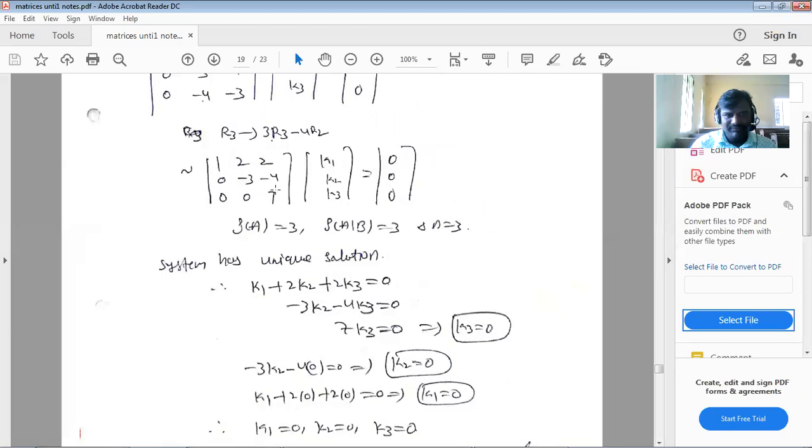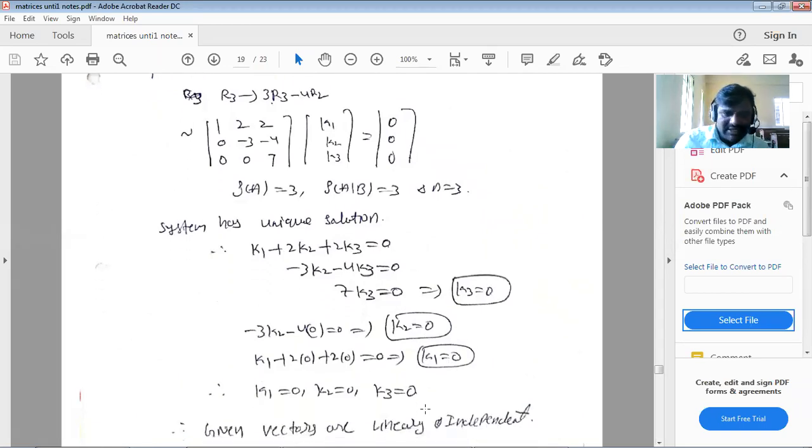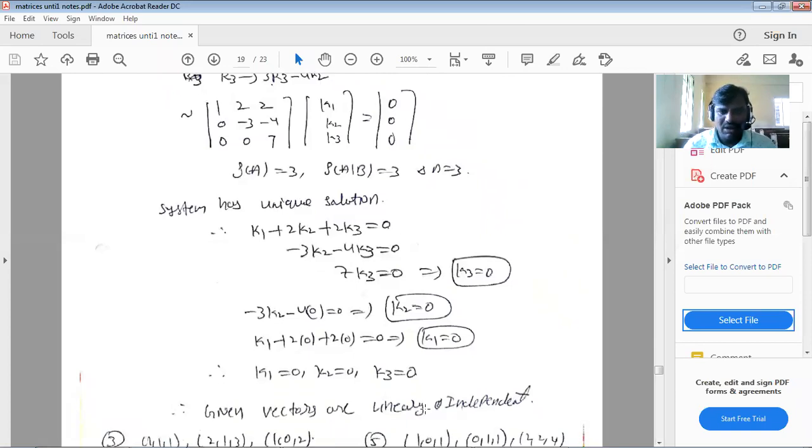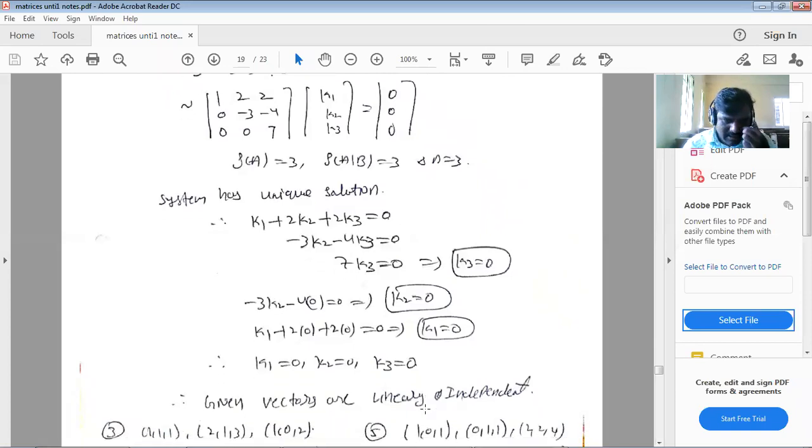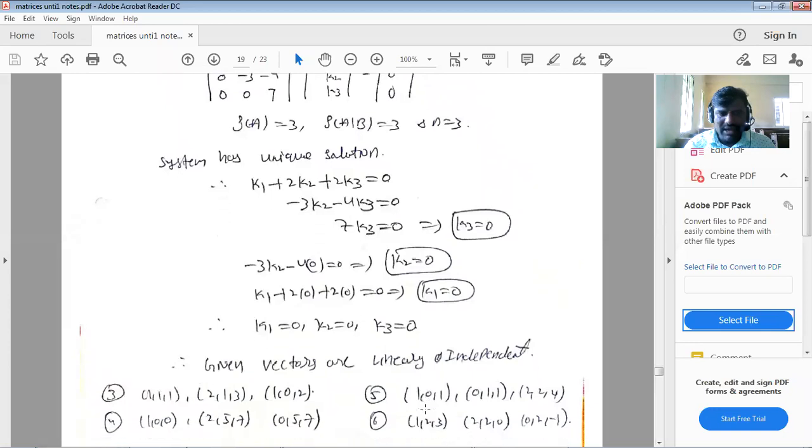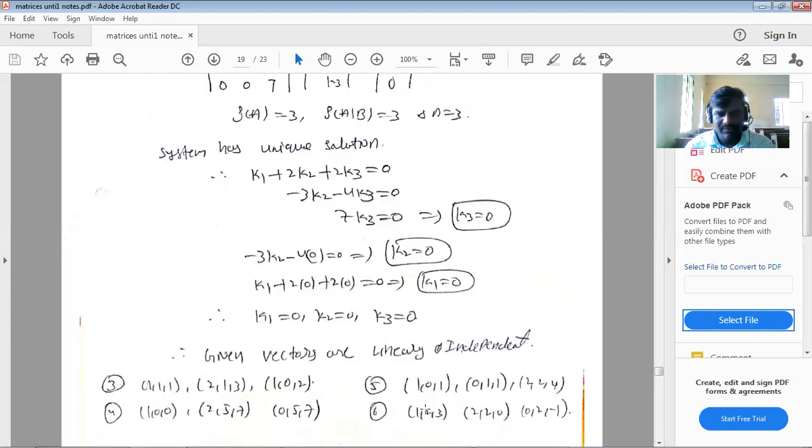Therefore, K3 is equal to 0. If we substitute K3 above, we get K2 is equal to 0. Substituting K2 and K3 in the first equation, we get K1 is equal to 0. It is not affecting our answer, but the numbers are changing, you have to do it.